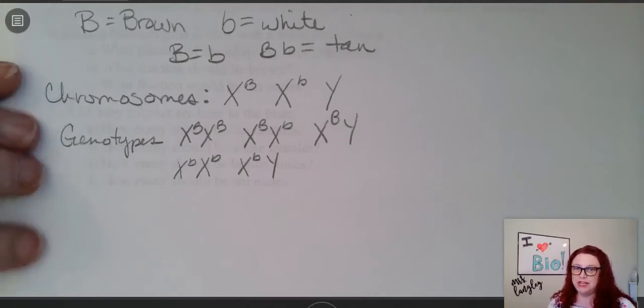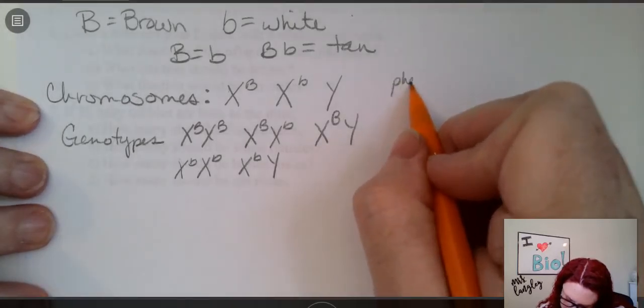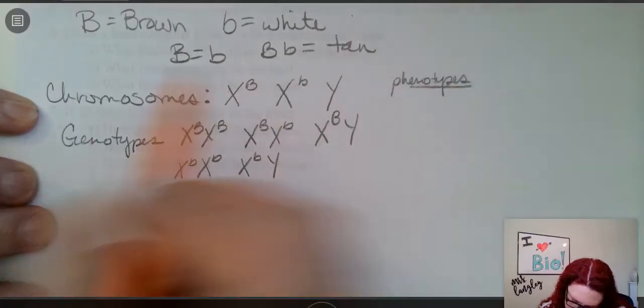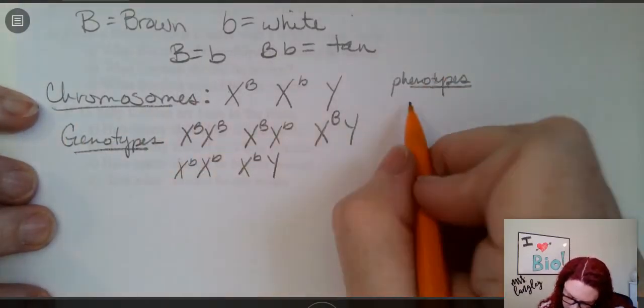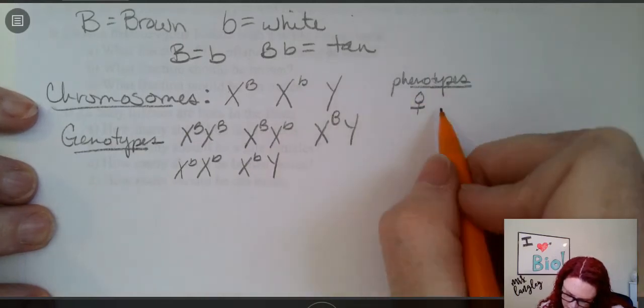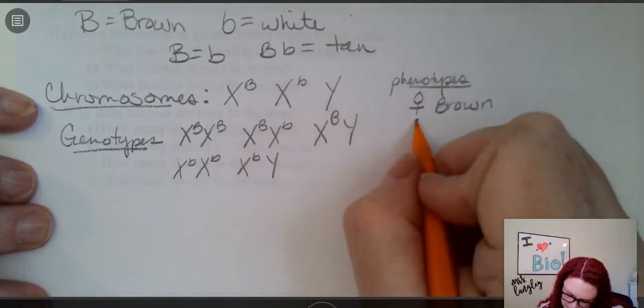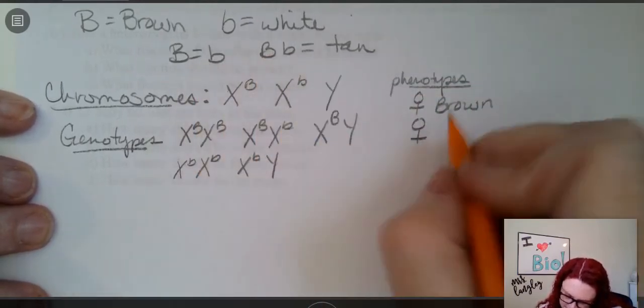Now for phenotypes, I can have female brown, female, now it told me that the heterozygote one is tan.